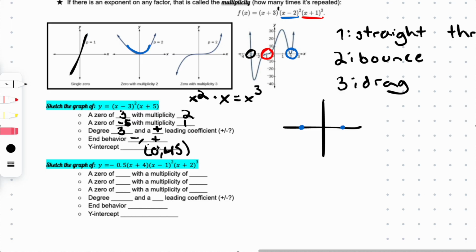And by the way, this probably is not the notation you should put. You might want to be super specific and write out fully, as x approaches negative infinity, f of x approaches negative infinity, and do that for as x approaches positive infinity too.